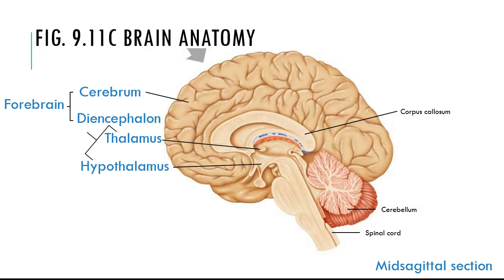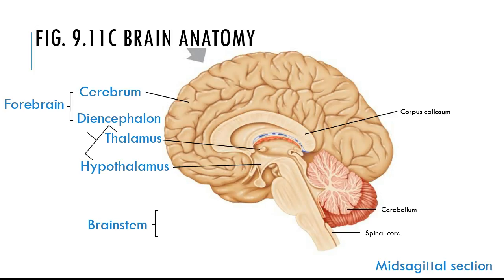So we have the forebrain, the cortex. We'll go through and look at those lobes in a moment. The diencephalon, the structures we're looking at include the thalamus and the hypothalamus. And then below that would be the brainstem. The brainstem has three major areas. We didn't look at all of them in lab during the dissection. The one that we really didn't point out is an area called the midbrain.